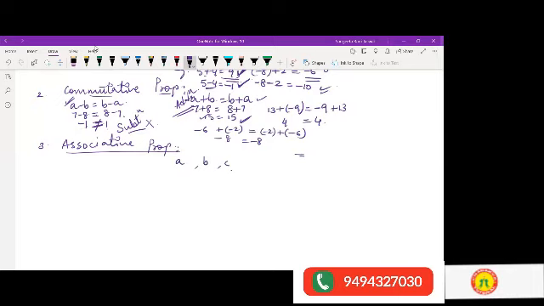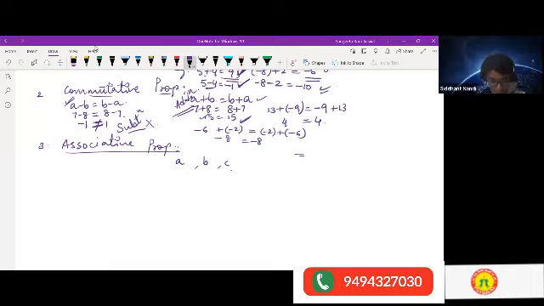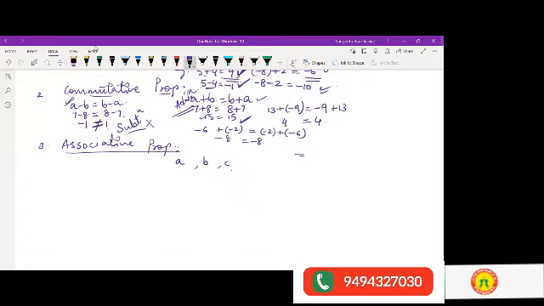Yes, here also we are changing the order. It is associative in addition, we'll see. The sum of three integers does not depend upon the grouping of integers. Now this says that the sum of integers does not depend on the grouping of the integers.